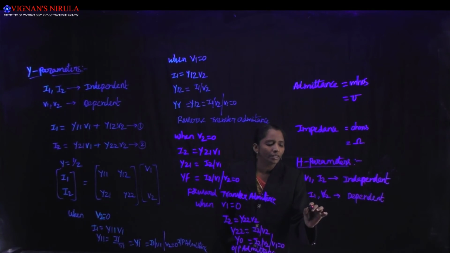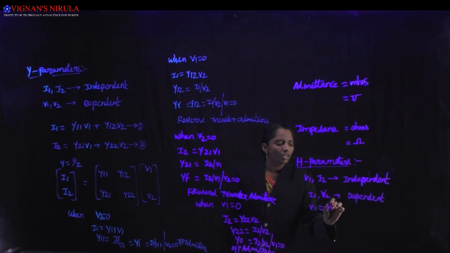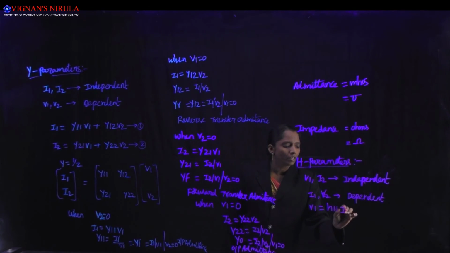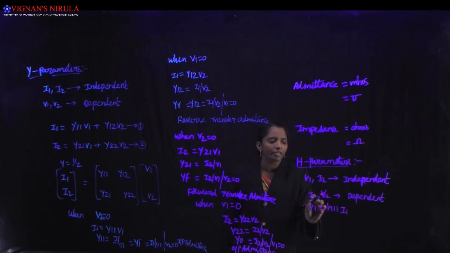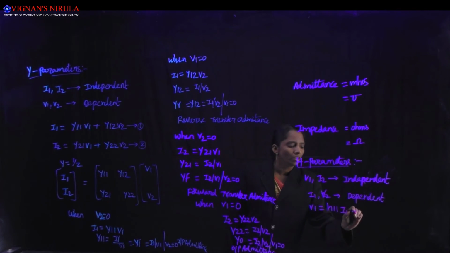Write the equation: V1 equal to the independent parameter, so V1 should be on the left and the remaining terms on the right. V1 equal to H11 I1 plus H12 V2.